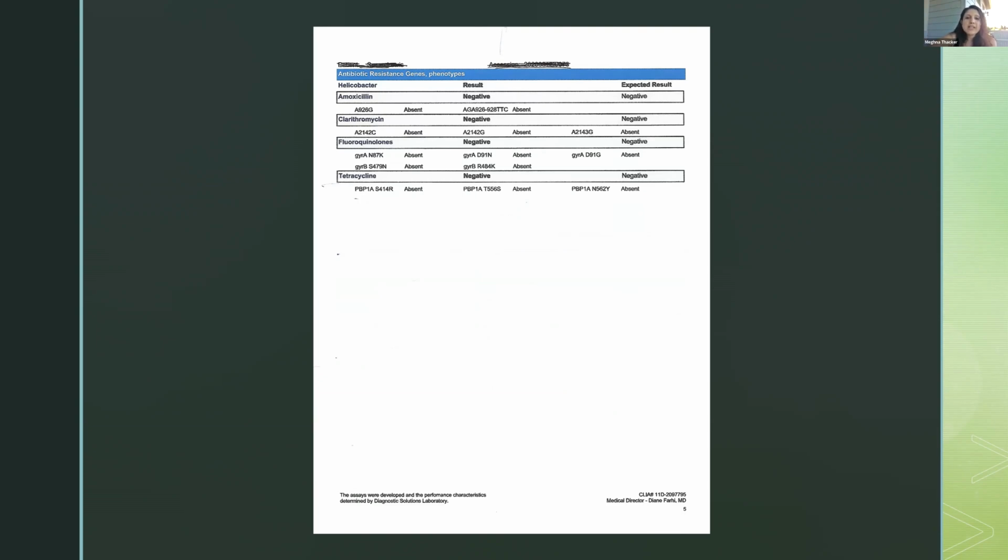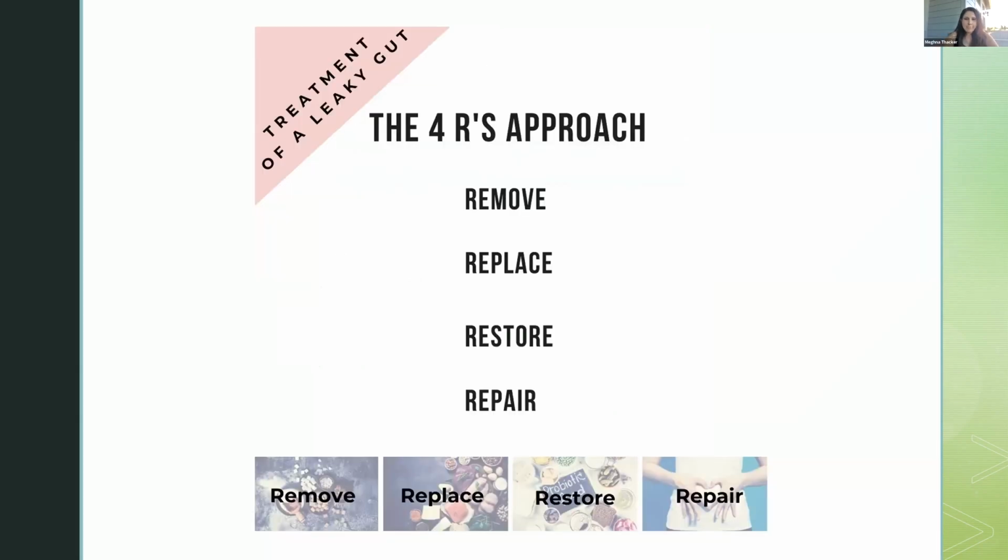But this tells us if she has resistance to any of these antibiotics like fluoroquinolones or amoxicillin, tetracyclines, which is all negative. So this is good information for her to know, because if in the future she has to use antibiotics, she knows that she doesn't have any resistance to them. So that goes over the lab results.